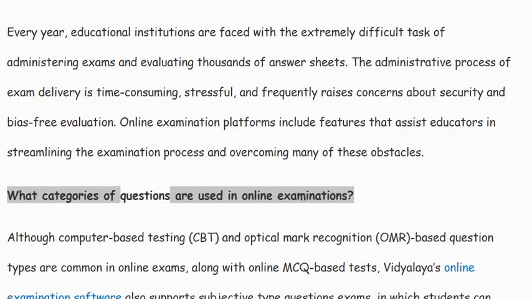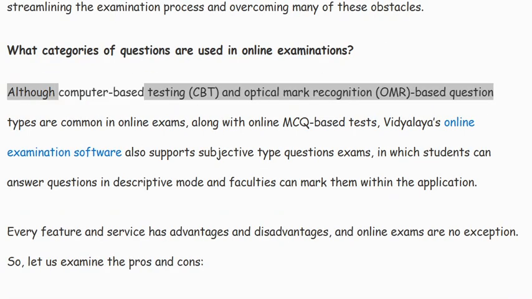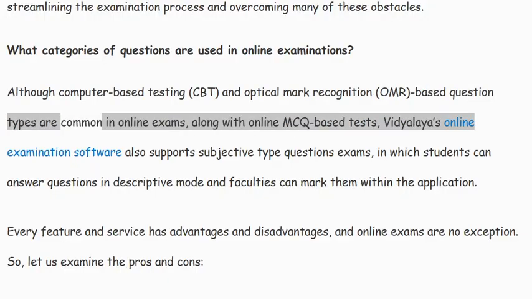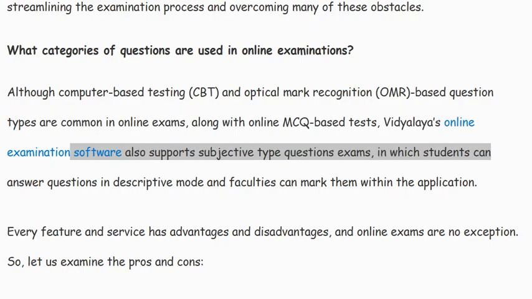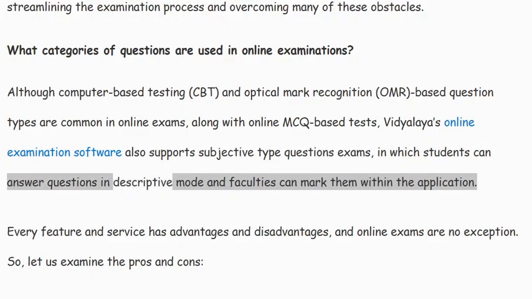What categories of questions are used in online examinations? Although computer-based testing, CBT, and optical mark recognition, OMR-based question types are common in online exams, along with online MCQ-based tests, Vidyalayas online examination software also supports subjective type questions exams, in which students can answer questions in descriptive mode and faculties can mark them within the application.